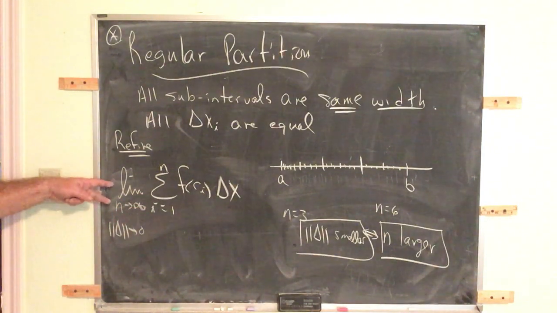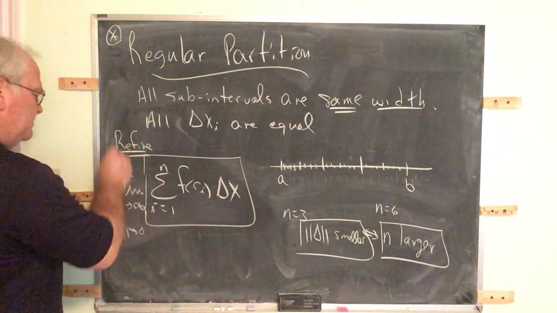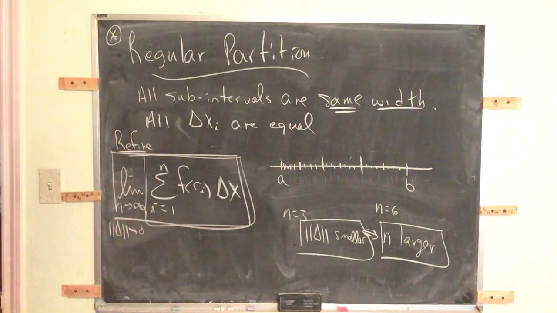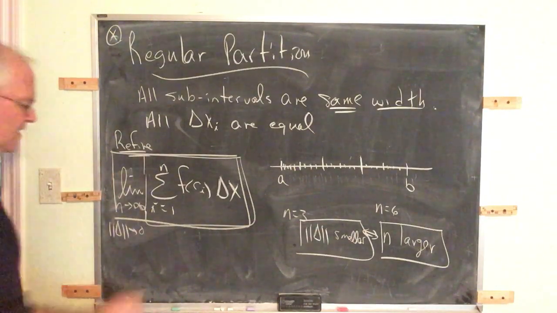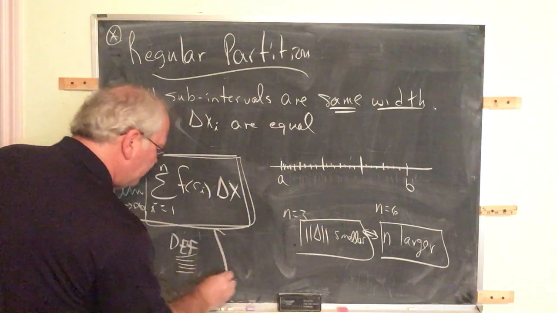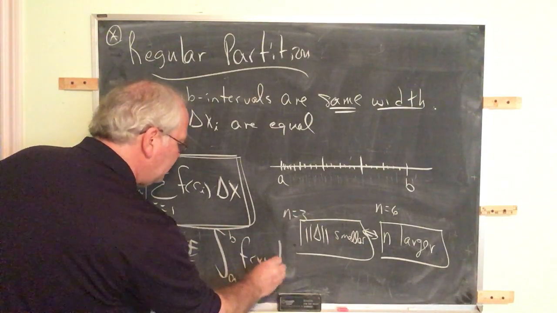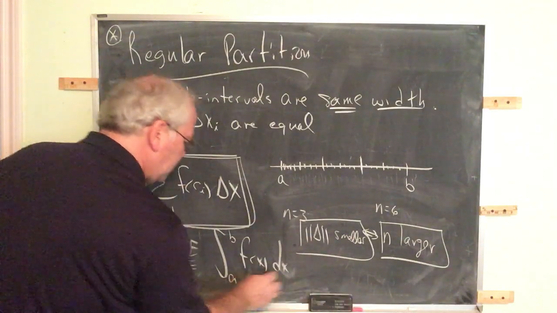So we take the limit as n goes to infinity of the Riemann sum. So this limit of the Riemann sum, that is the definition of the definite integral from a to b of f of x dx. How to compute this we'll discuss later.